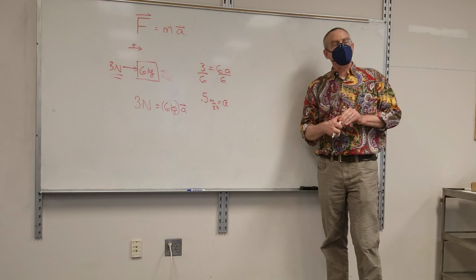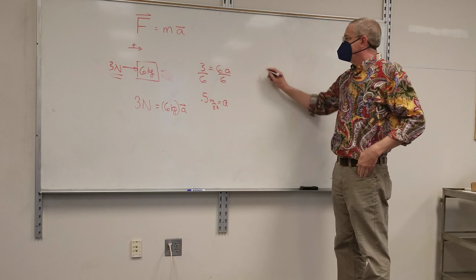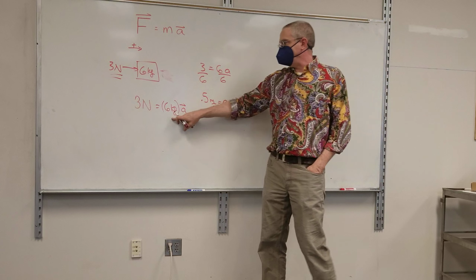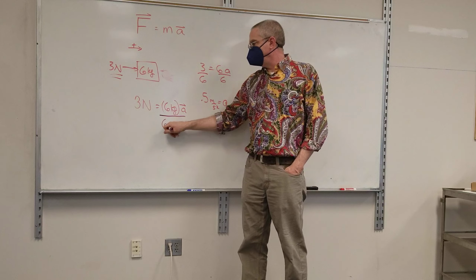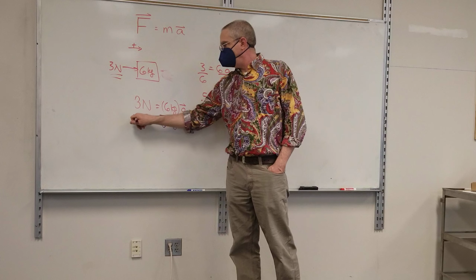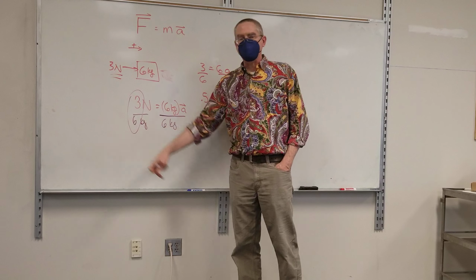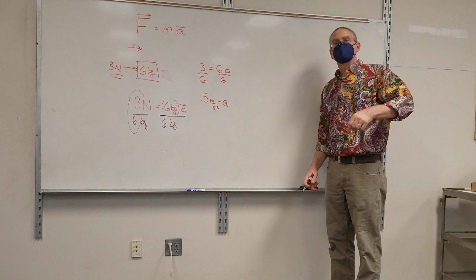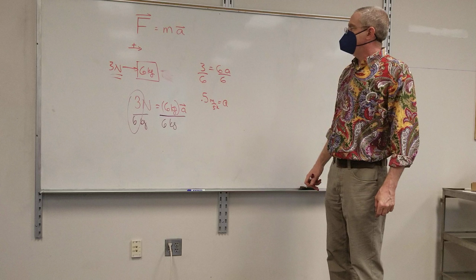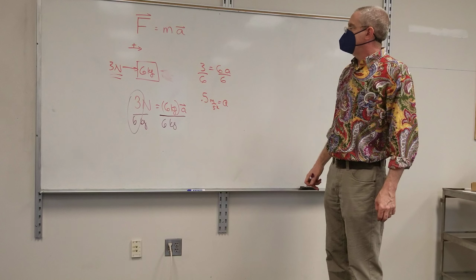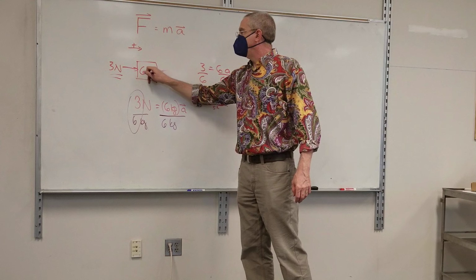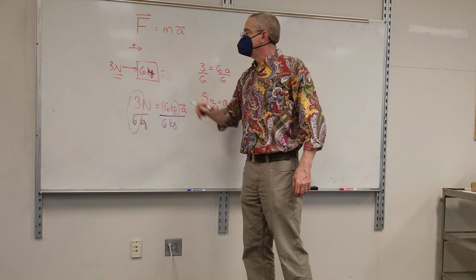If you track the units as you go through this, you divide by 6 kilograms. And so the math piece is 3 divided by 6. So that's 6 kilograms. Okay, I'm not confused now, sorry.